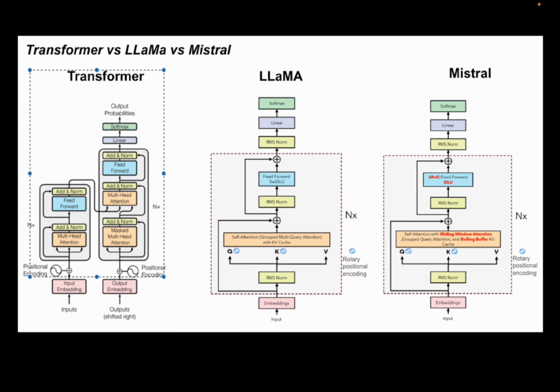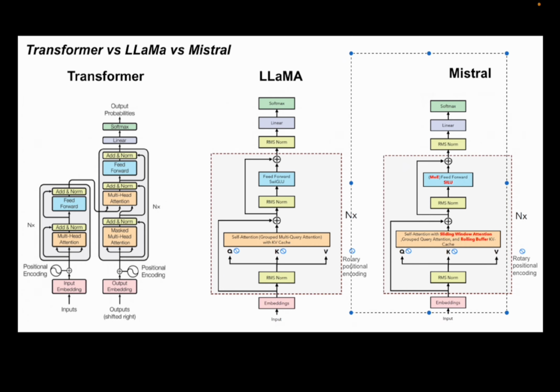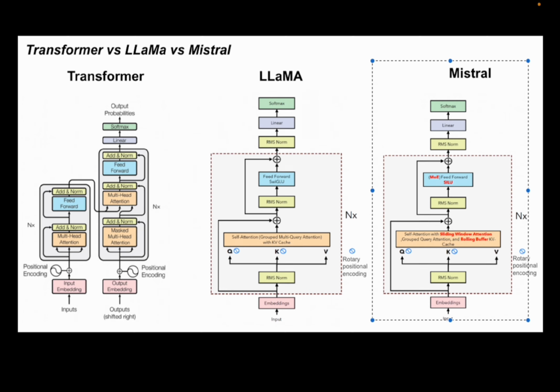But if you'd like further details, in the next sections I'm going to explain, for example, what exactly RMS Norm is, what the KV cache is, sliding window attention, or how rotary positional encoding works with detailed mathematics, and also the code and some numerical examples to understand it better and better. So yes, the next section would be about rotary positional encoding.